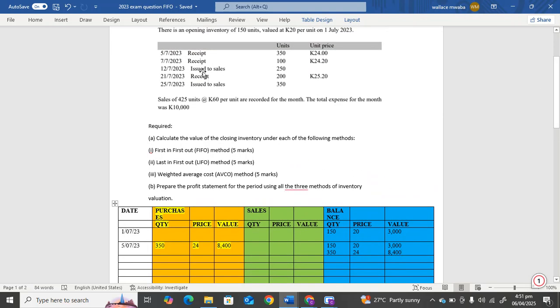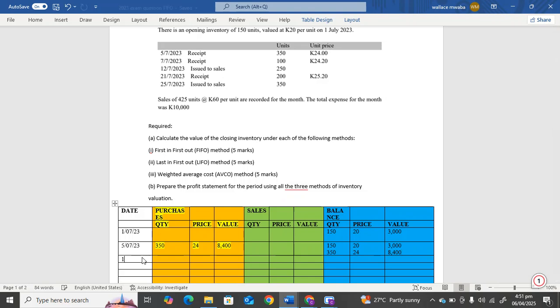Sales, we sold 250 goods. Now, inventory valuation differs for financial accounting and cost accounting. For cost accounting, because we want to find the cost of the goods sold, whatever goods have been sold, you value them at their cost price. Not their selling price, but at their cost price.